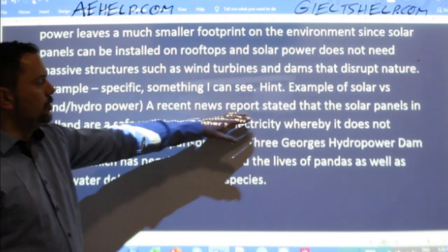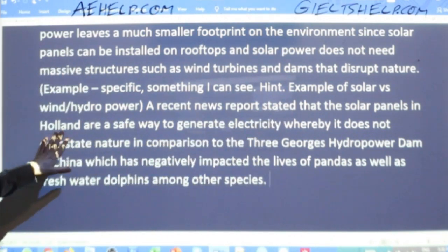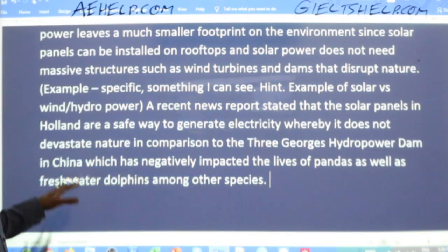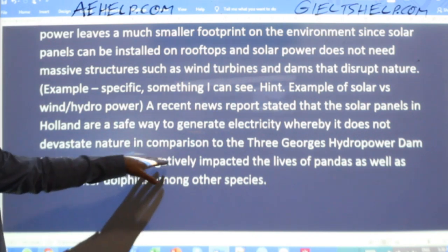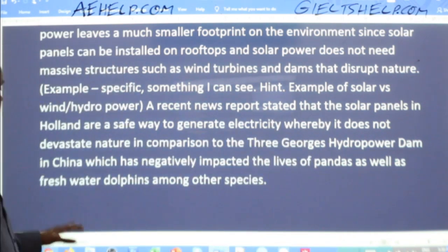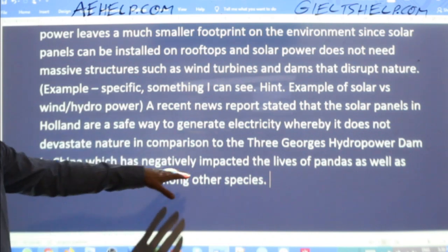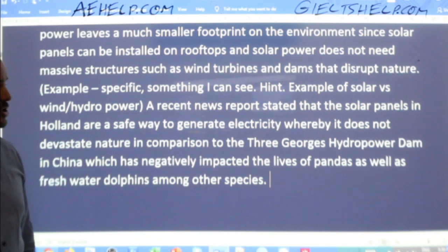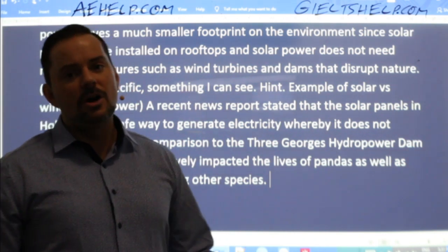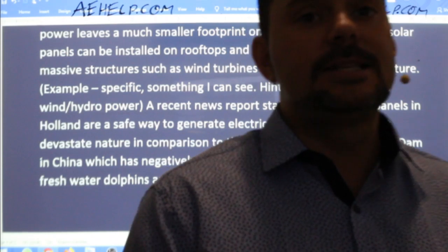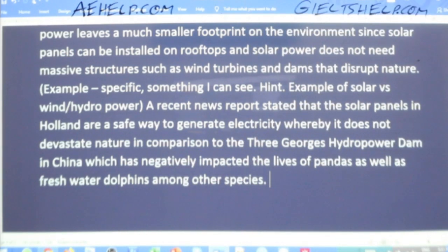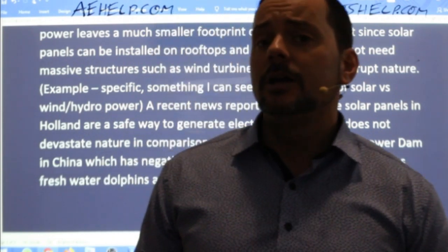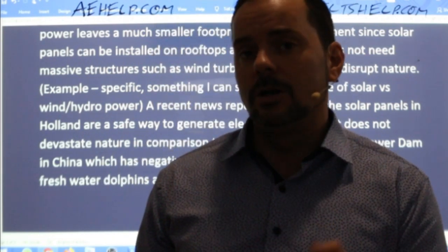So a recent news report stated that the solar panels in Holland are a safe way to generate electricity, whereby it does not devastate nature in comparison to the Three Gorges hydropower dam in China, which has negatively impacted the lives of pandas as well as freshwater dolphins, among other species. Okay? Obviously, that's a complex sentence with a lot of elements, and I'm showing you that band 9 level. But most importantly here, notice the style of that example.